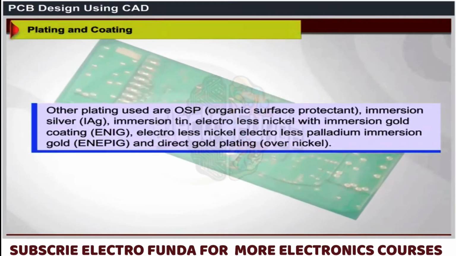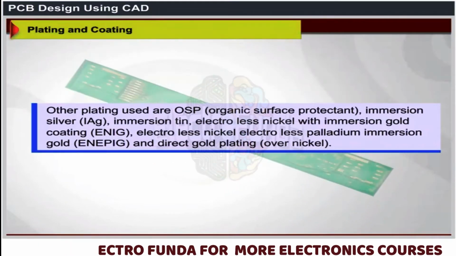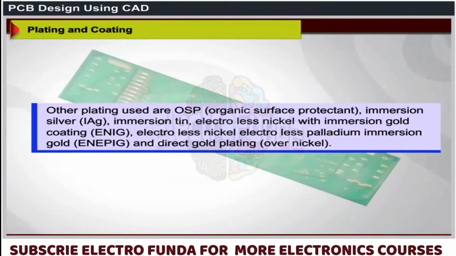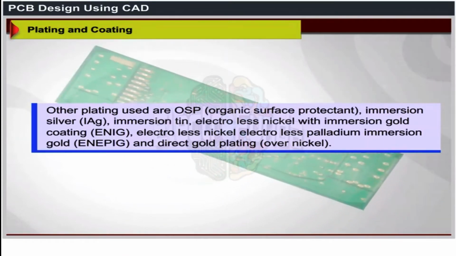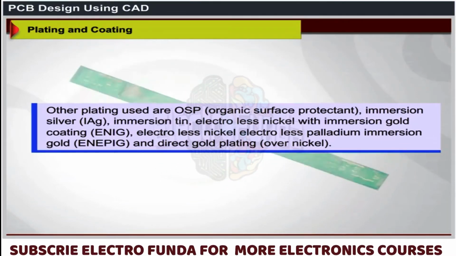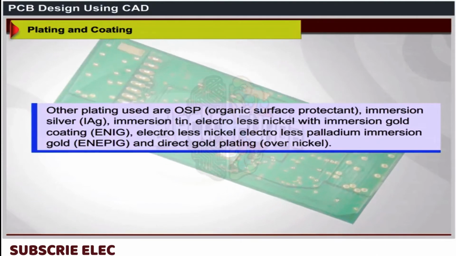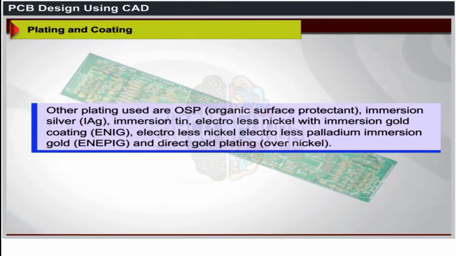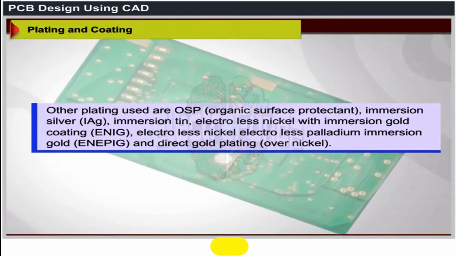Other platings used are OSP, Organic Surface Protectant, Immersion Silver (IAg), Immersion Tin, Electroless Nickel with Immersion Gold Coating (ENIG), Electroless Nickel Electroless Palladium Immersion Gold (ENEPIG), and direct gold plating over nickel.